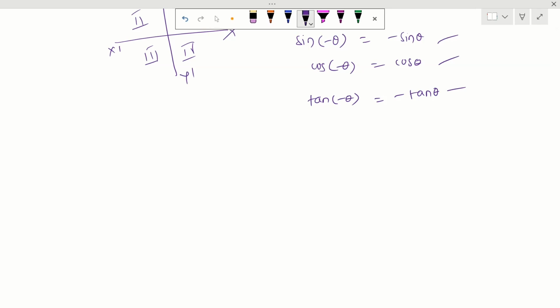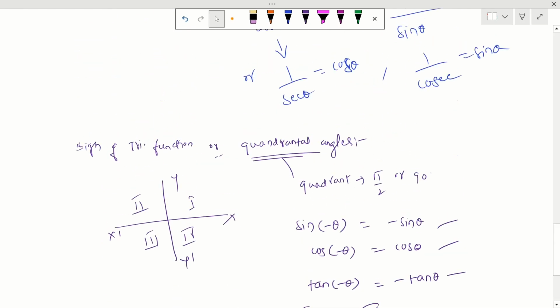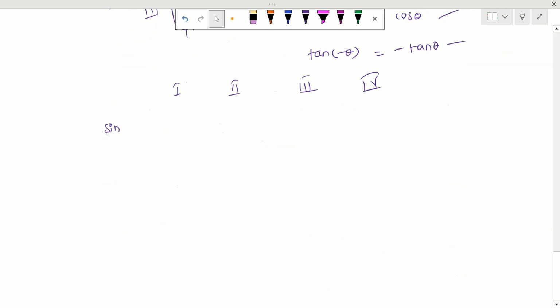So for the first, second, third and fourth quadrants, what are the notations, the conventions? Convention means notation, right? These are sign conventions.